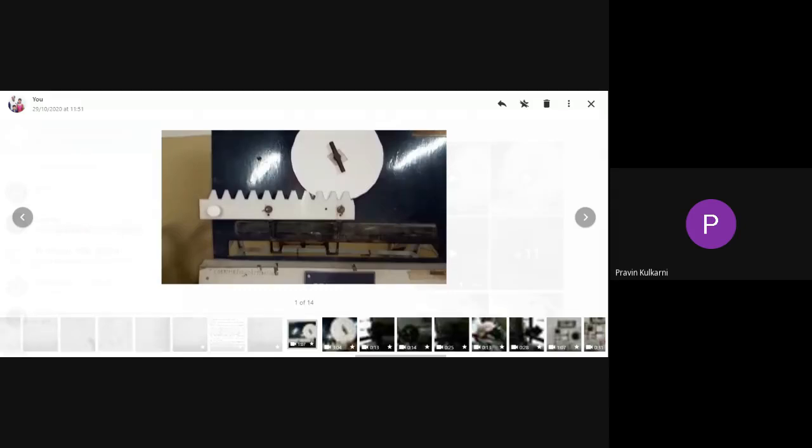The behavior of the hob is similar to the case of a rack cutter. In the setup, we shall assume that this is the rack. This is the gear blank, isn't it? Remember that we have got a piece of paper.